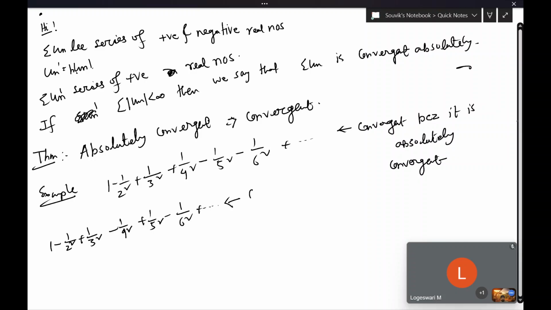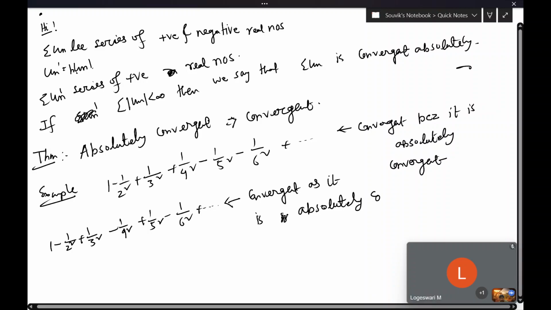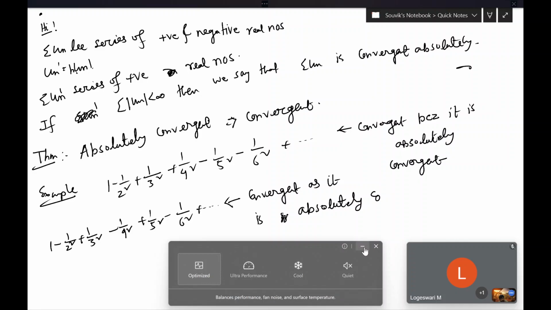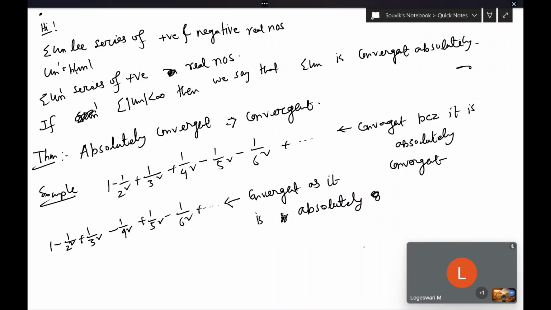This is also convergent, as it is absolutely convergent, obviously.